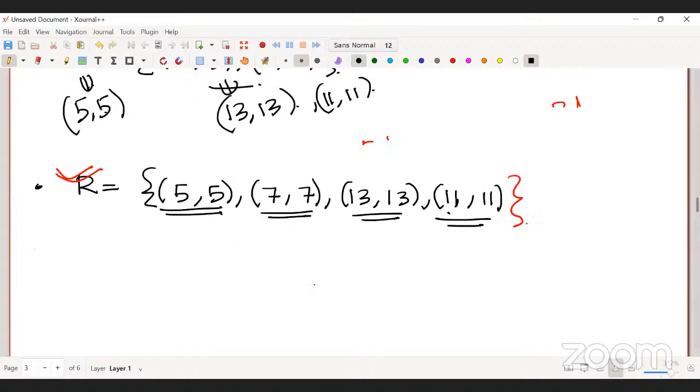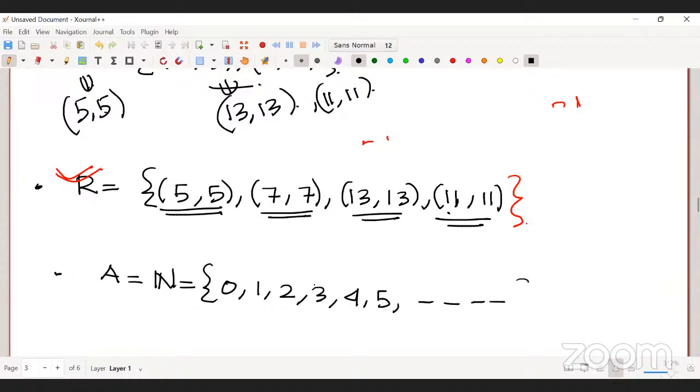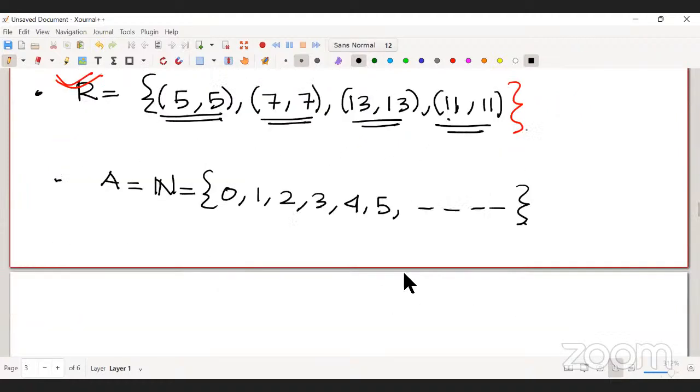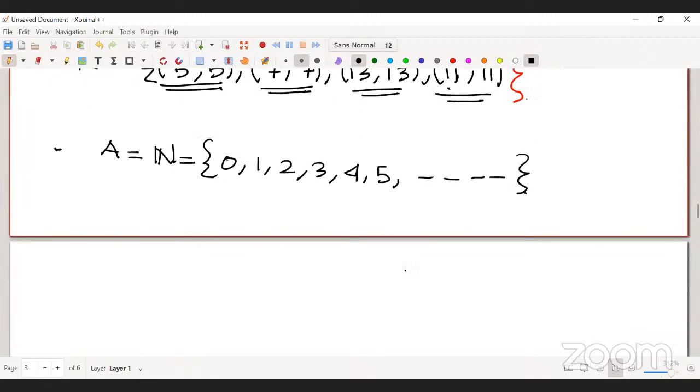Suppose now my set A is nothing but the set of all natural numbers: 0, 1, 2, 3. The next question is whether this relation R, suppose I have a relation R on this set A, which is the set of all natural numbers.